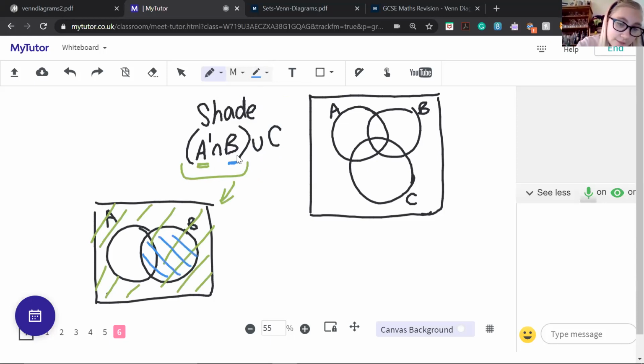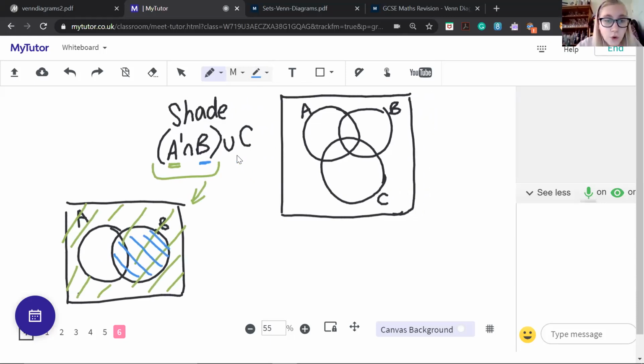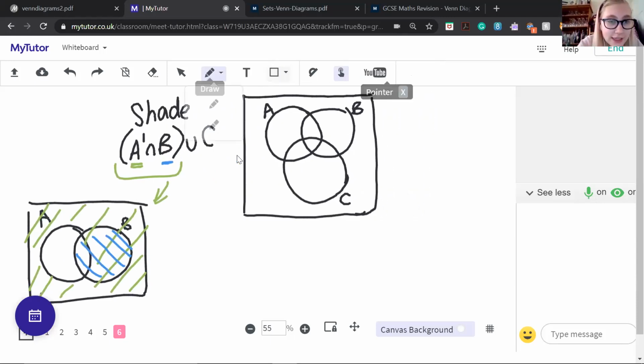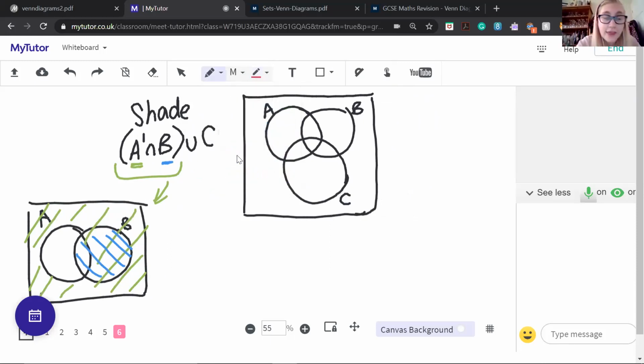It looks like this. So what's the intersection? It's where they cross, where they're both shaded. So that's here. So now we're going to translate that onto this one. So not A intersection B, we know looks like this.